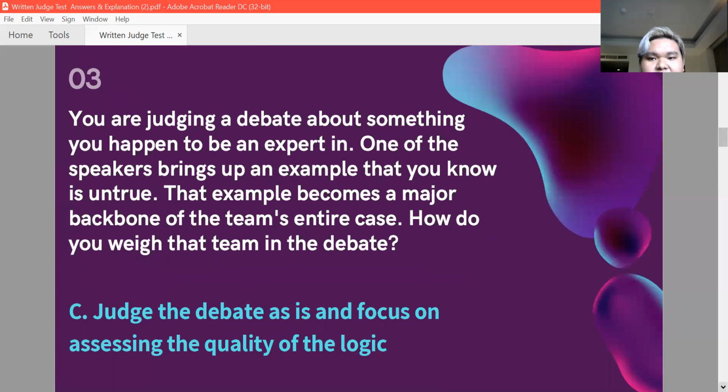Question number three: you're judging a debate about something you happen to be an expert in, and one of the speakers brings up an example that you know is untrue, and that example becomes a major backbone of the team's entire case. How do you weigh the team in the debate? The options are: A, give them the loss because as a judge, you should not tolerate lies.